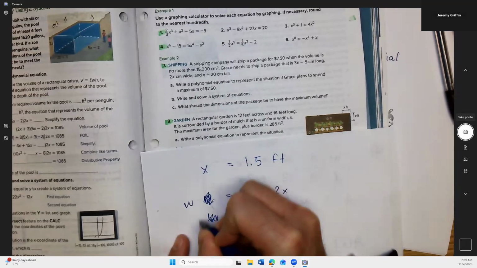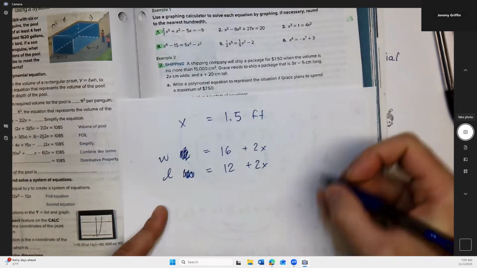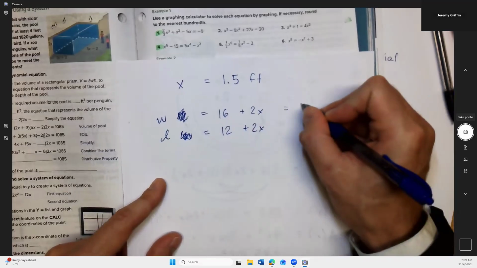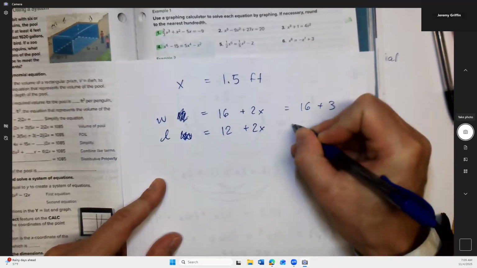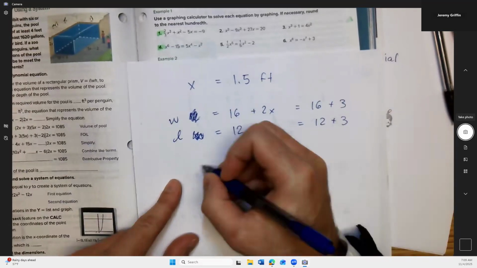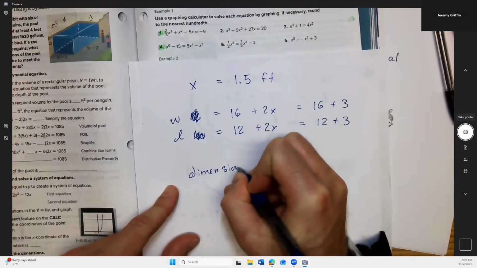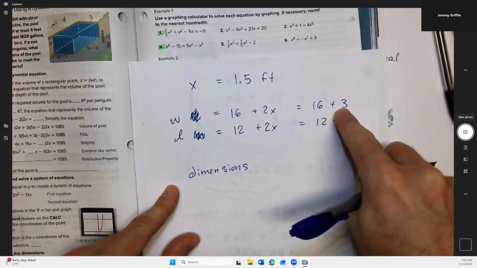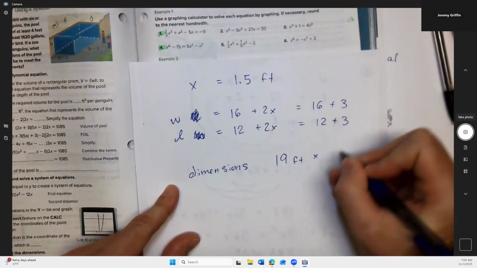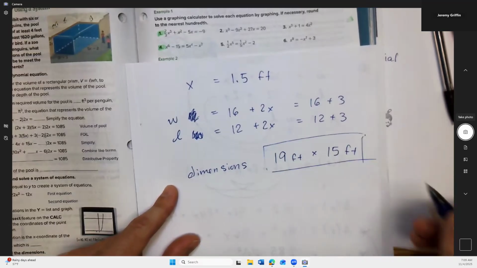Width, length, 12 plus 2x. So just where the x goes, just put 1.5. Well, that would be like 16 plus 3 here, and this would be 12 plus 3, because 2 times 1.5 is 3. So the dimensions are 19 feet by 15 feet. So there you go.